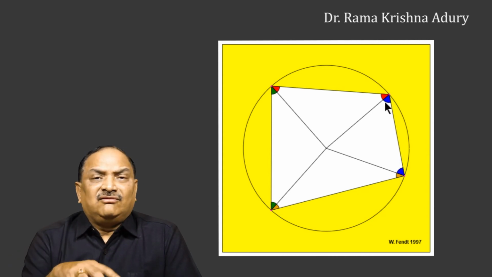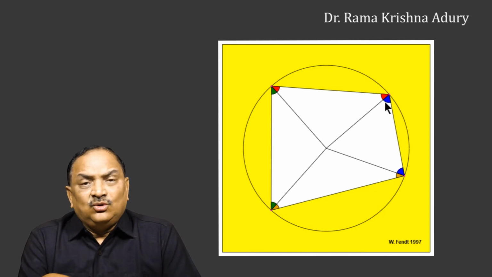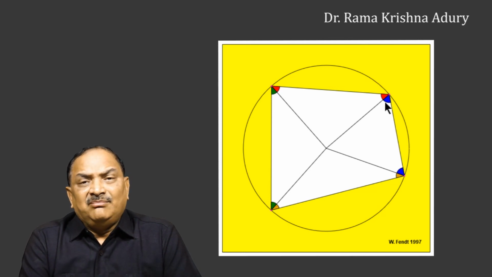So the sum of all the 4 angles of the quadrilateral will be 2A plus 2B plus 2C plus 2D. But if you look at opposite angles of the quadrilateral, you will have 1A, 1B, 1C, 1D. So the answer will be 180 degrees.